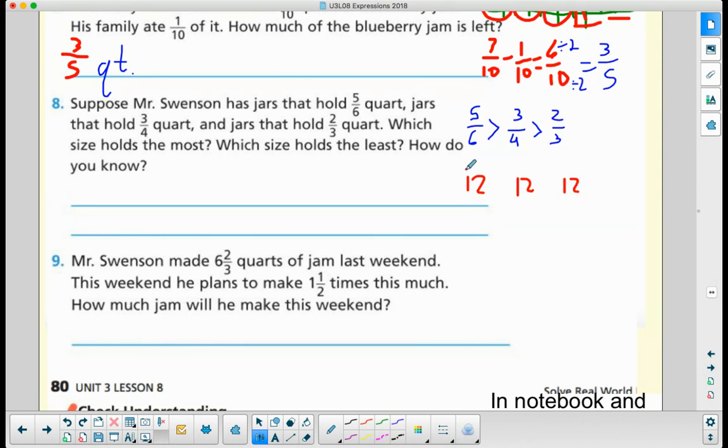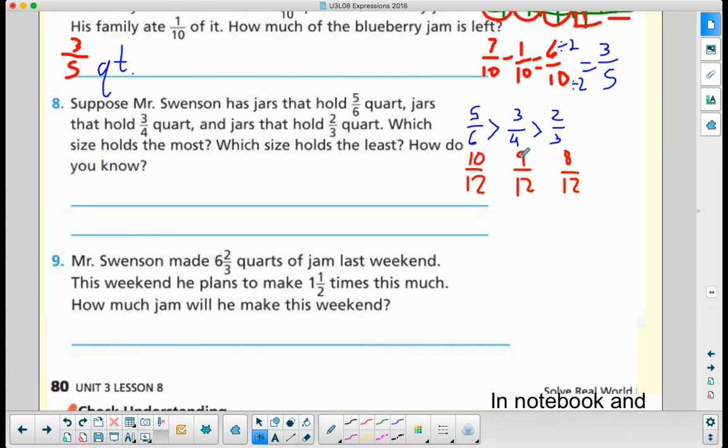So I decided, to be sure I'm correct, let's make them all into twelfths. 6 multiplied by 2 is 12, so 5 multiplied by 2 is 10 twelfths. 5/6 is 10 twelfths. 4 multiplied by 3 is 12, so 3 multiplied by 3 is 9 twelfths. 3 multiplied by 4 is 12, so 2 multiplied by 4 is 8 twelfths.